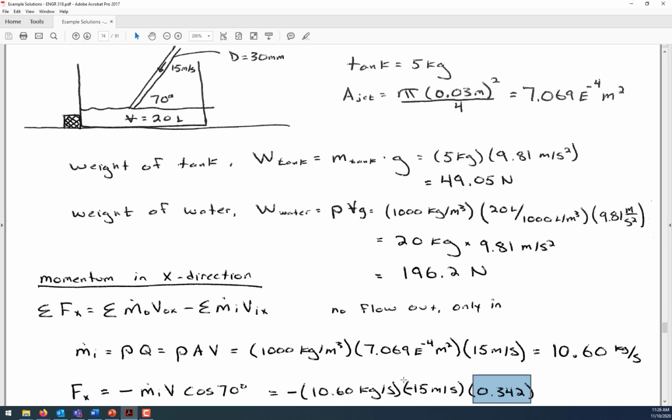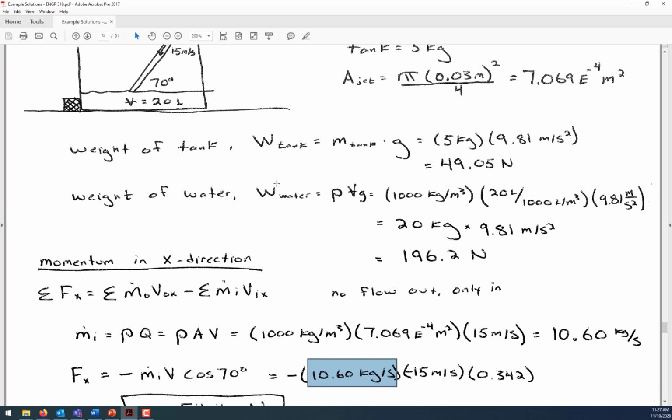And you'll note that I have the minus sign for the velocity because the jet's moving to the left, but then there's no sign associated with the mass flow rate. And also, we don't have to apply the angle to the mass flow rate. You only apply that angle one time, and that's with the velocity.